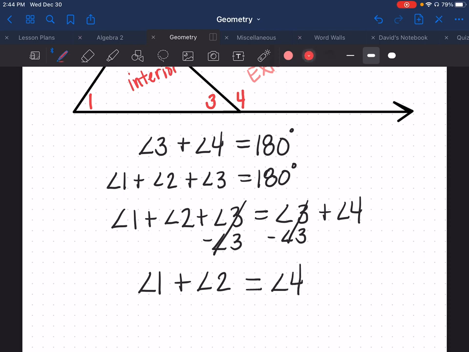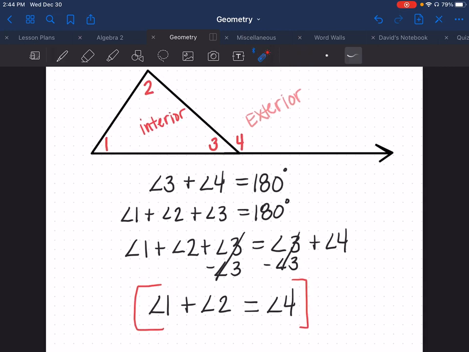And this right here, ladies and gentlemen, this is what the theorem is saying. The sum of the two non-adjacent interior angles, that would be angle 1 and angle 2, is equal to the exterior angle. So to find this angle, all I have to do is say this one plus this one equals that one. I only need 3 so that I can cancel it out and not use it. So I find the exterior, the one inside I don't use, and I add those together to get 4. That's what the theorem is saying.